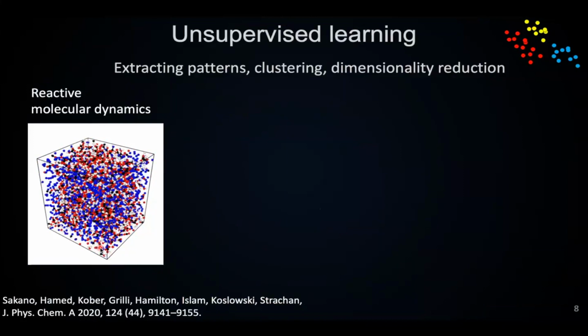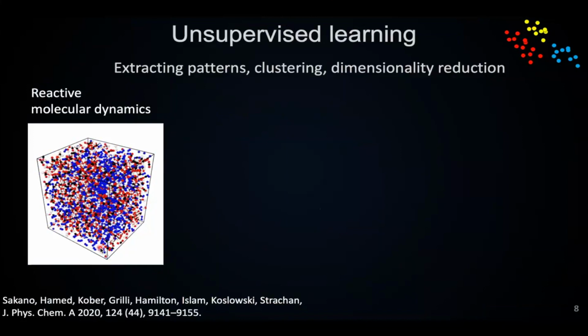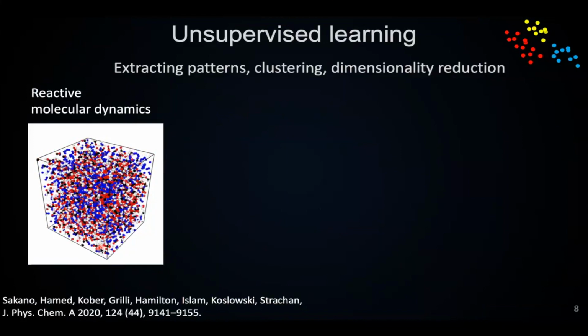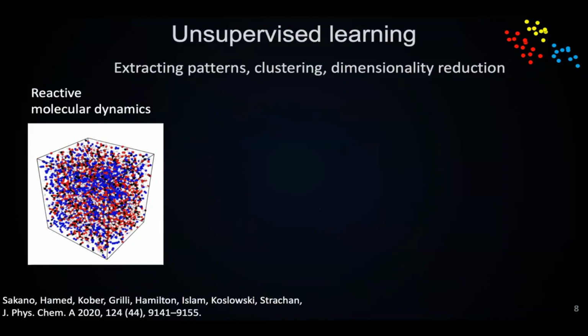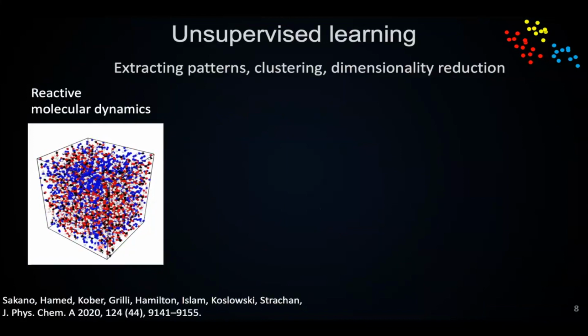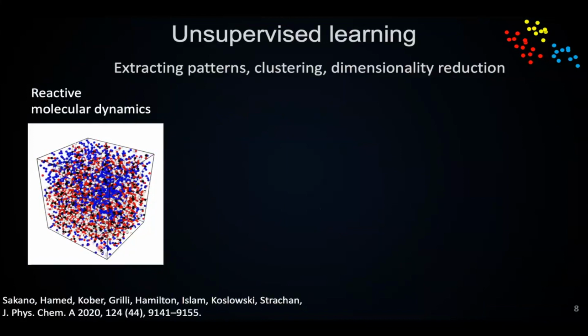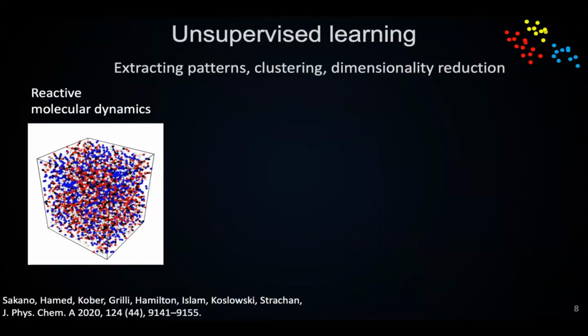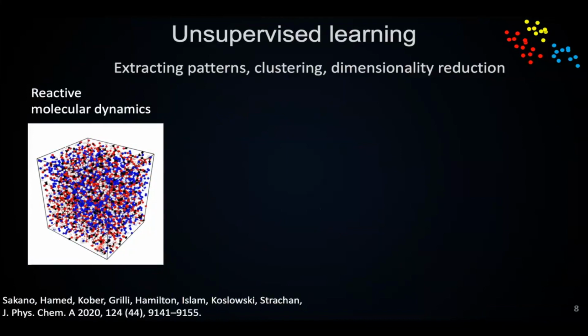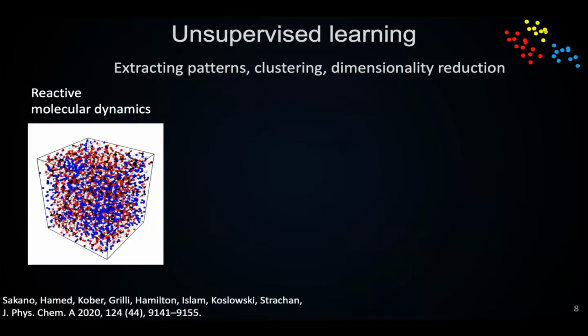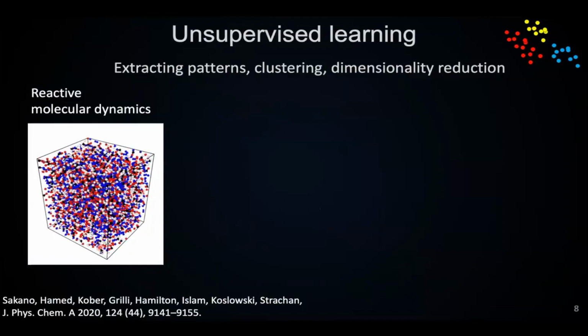What you see there is the type of work that we do in my group, molecular dynamics simulations where we solve for the motion of every atom. And this is an energetic molecule that's decomposing and reacting, forming and breaking bonds and forming other molecules.